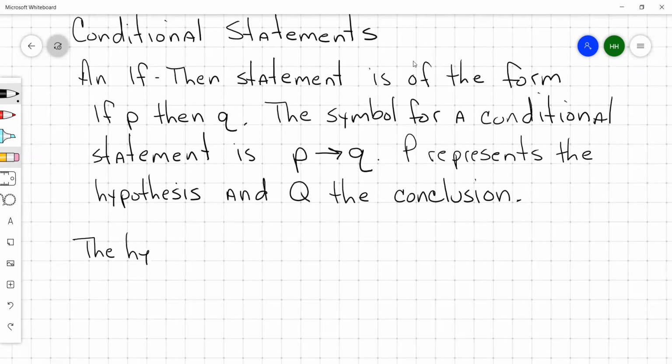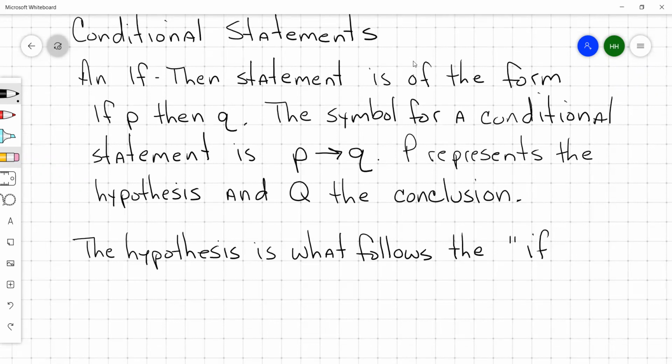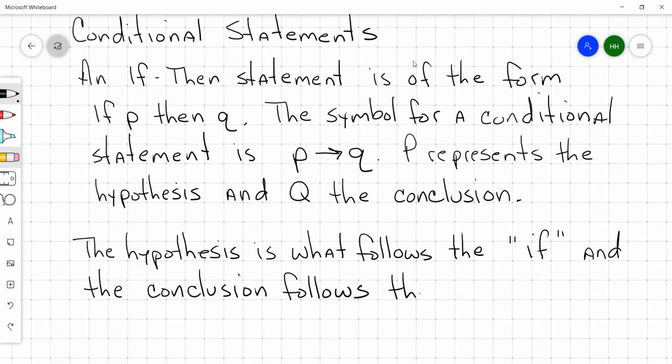The hypothesis is what follows the if, and the conclusion follows the then.